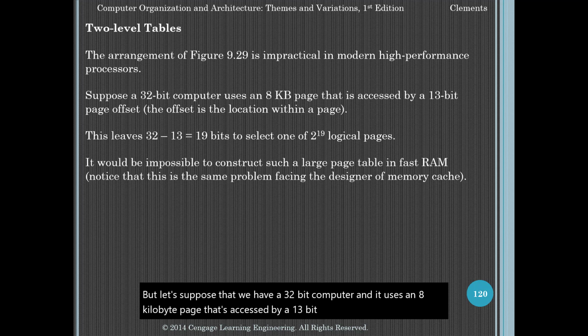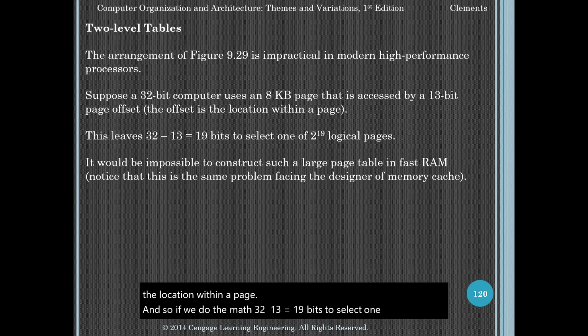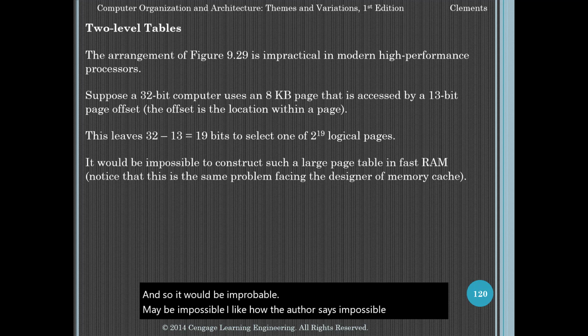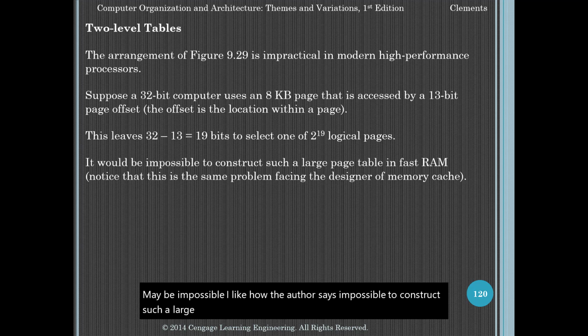The offset is the location within a page. So if we do the math, 32 minus 13 equals 19 bits to select one of 2 to the 19 logical pages. And so it would be improbable, or maybe impossible, and I like how the author says impossible, to construct such a large page table in fast RAM.